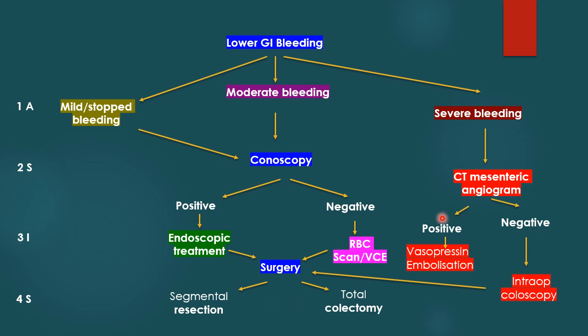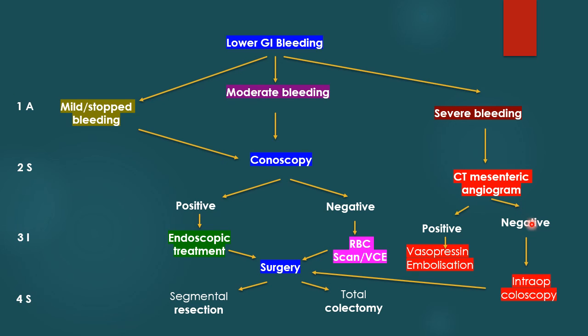You have no time because you have to act fast to save life. So you do a CT angiogram. It's the easiest, fastest, and non-invasive procedure. If you find a bleeding point, then you can give the patient vasopressin to cause vasospasm and thereby stop the bleeding. If this fails, then you can proceed to do an embolization of the bleeding vessel.